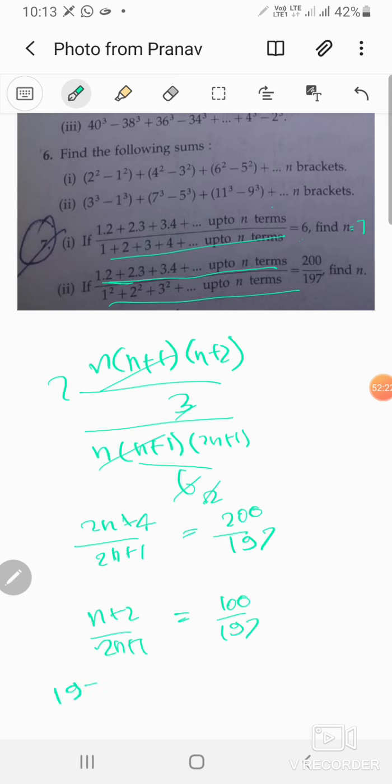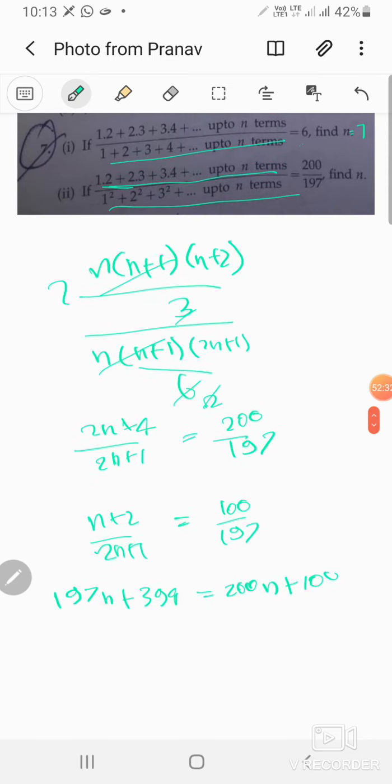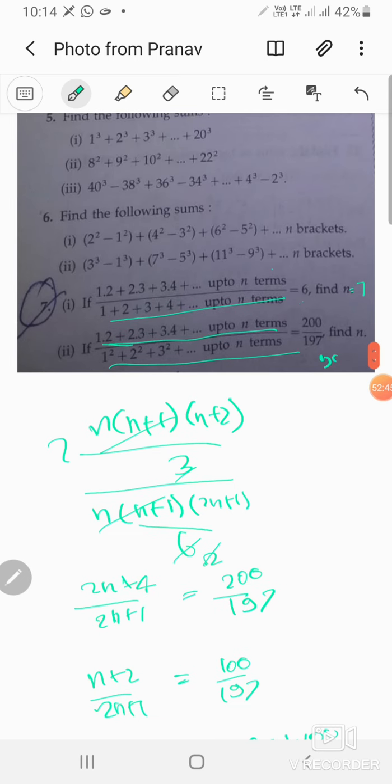So you've got 197n plus 394 equals 200n plus 100. That gives me 3n equals 294. So n equals 98. Final n is 98.